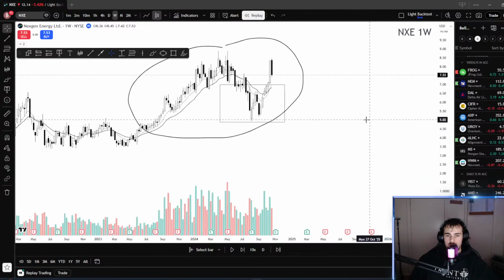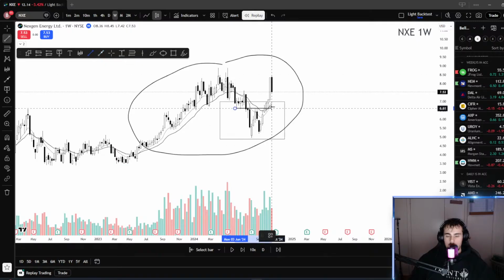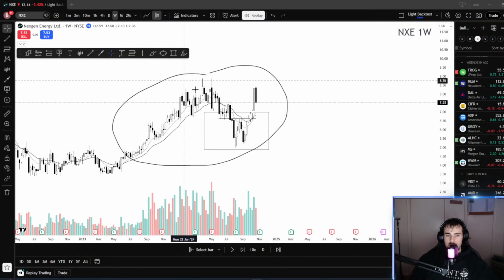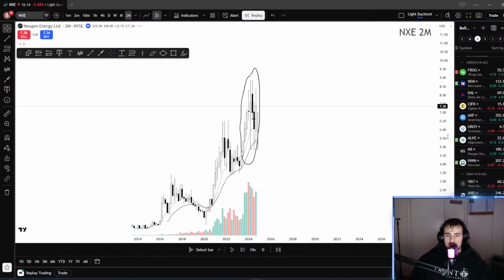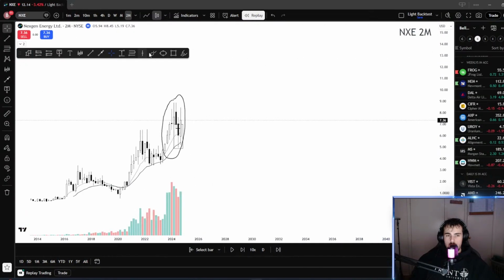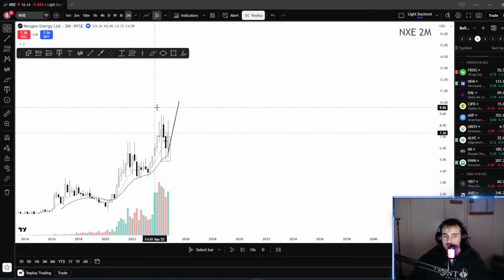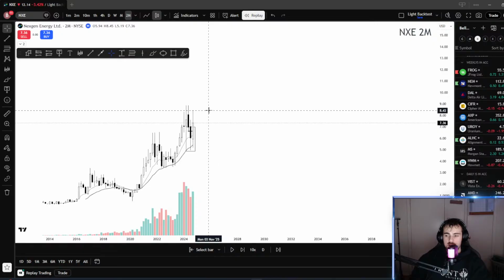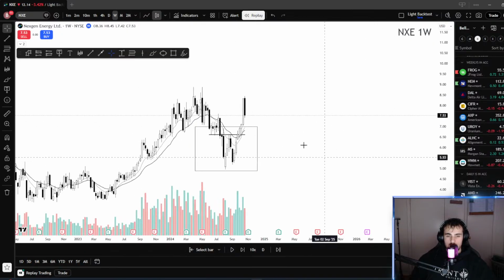And you see price make that accumulation break right here, which has now put in bullish price action on the weekly time frame to continue that higher high, or potential higher high, on the 2-month time frame. So that's the expectation. We are placing ourselves inside of a higher time frame to be able to continue the higher time frame trend.